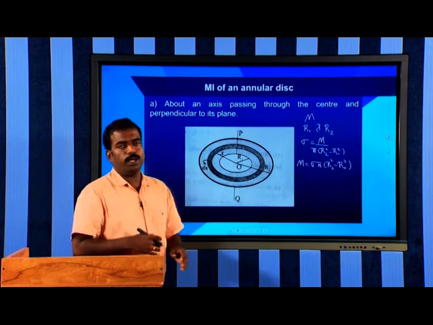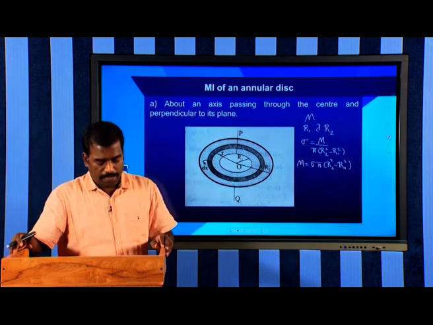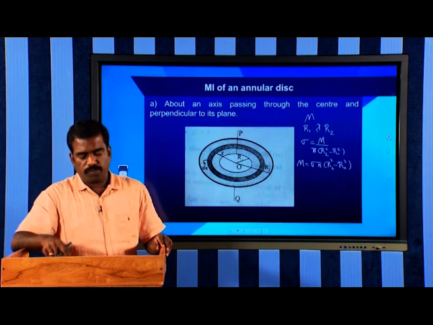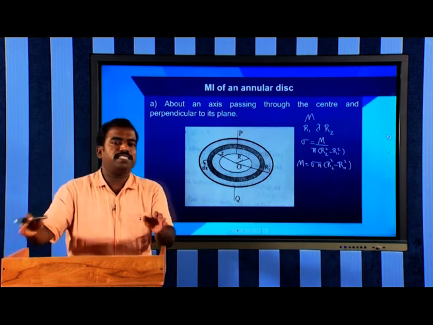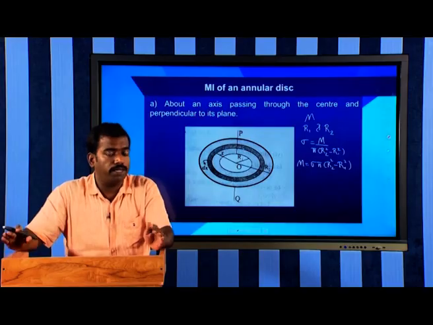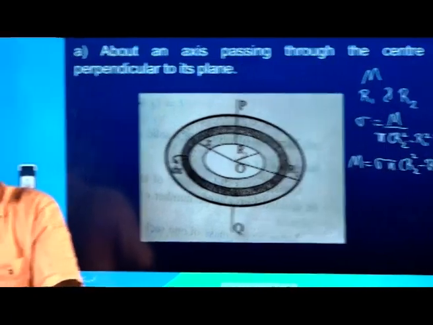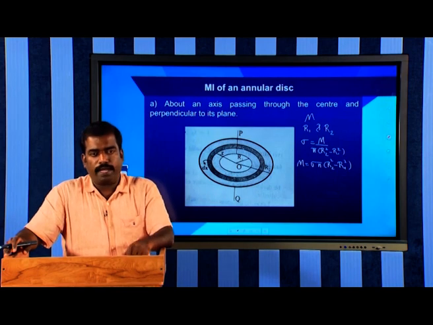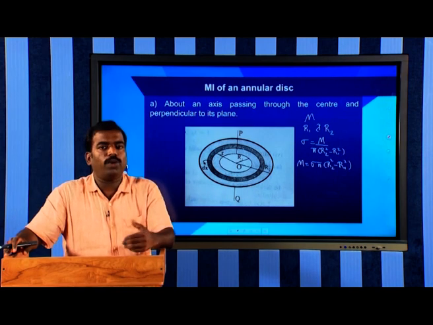So, we consider an annular disc of mass capital M, inner radius r1 and outer radius r2. Here also we imagine that the disc is made up of a large number of concentric rings, and we will find the moment of inertia of one such ring about the axis. It is similar to what we obtained in the previous case.